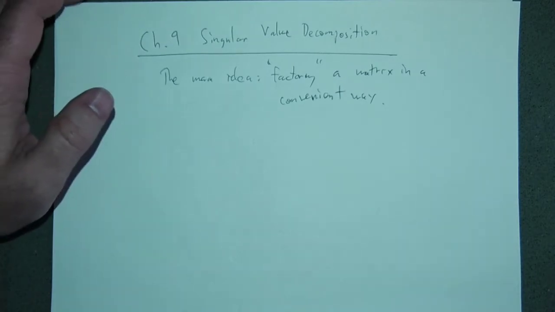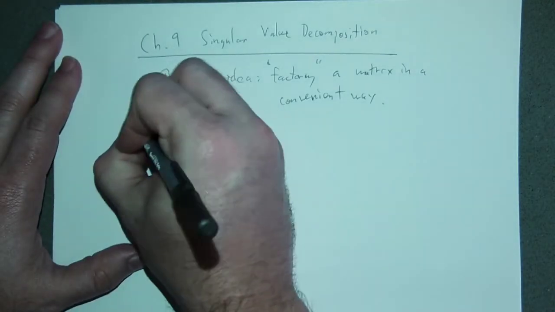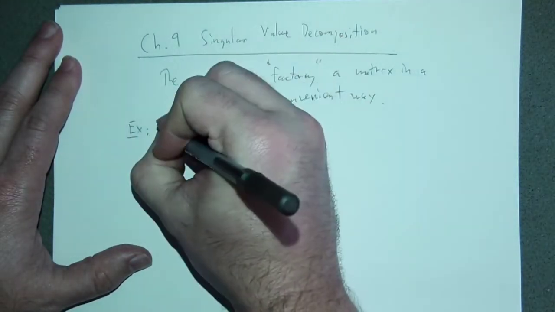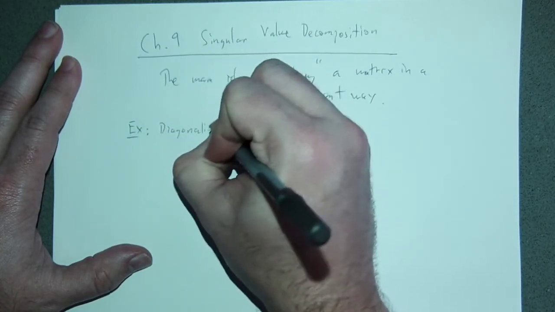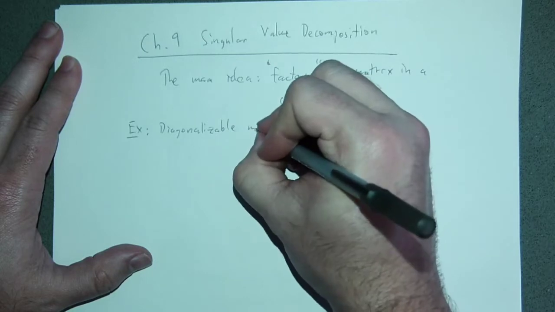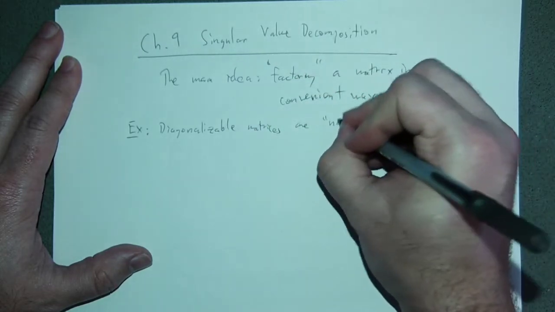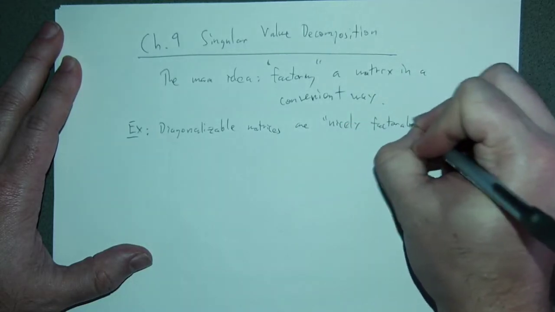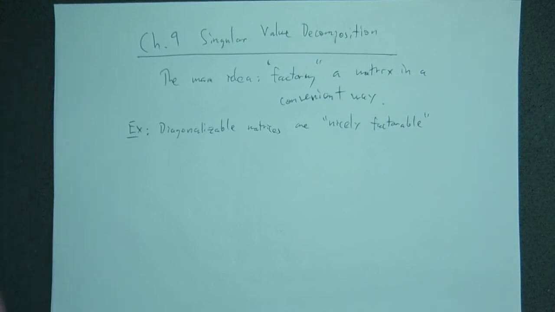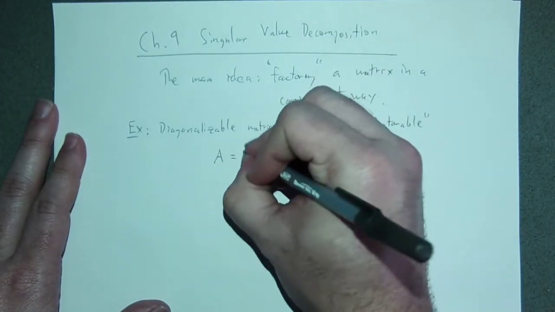One is diagonalization, right? So quick example. Diagonalizable matrices are, say, nicely factorable. What was the idea behind a diagonalizable matrix?